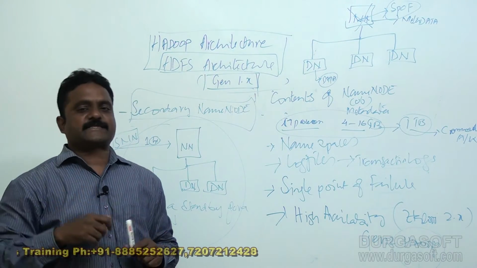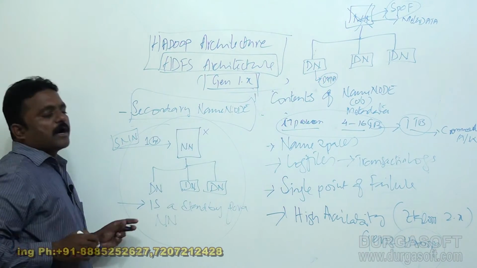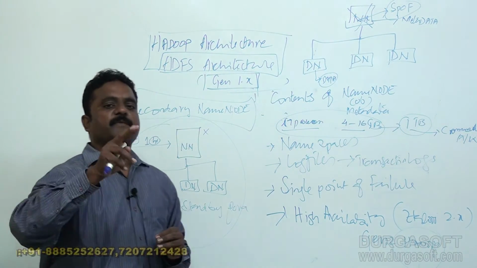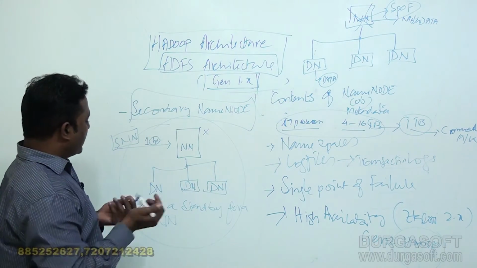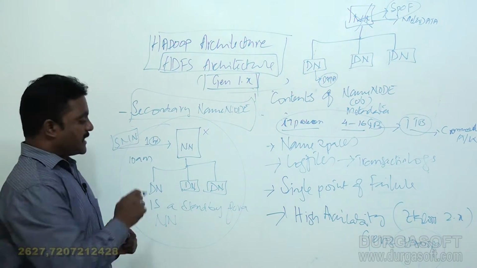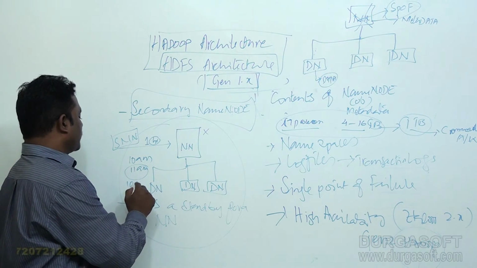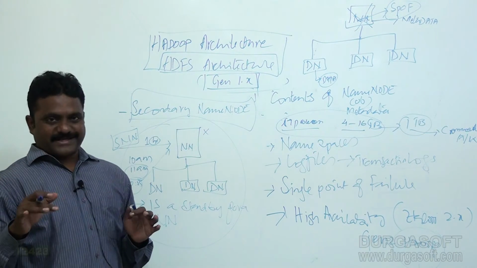So if something happens to the name node, only that 1 hour of information would be lost. Let us say it has taken a snapshot at 10 a.m. and it would take the next snapshot exactly at 11 a.m. Let us say at 10:55 something happens to the name node and it does not respond.